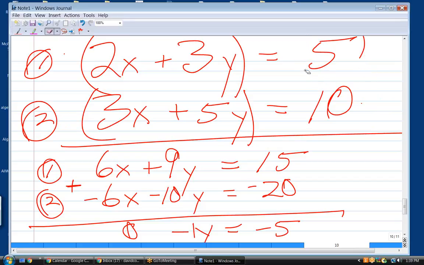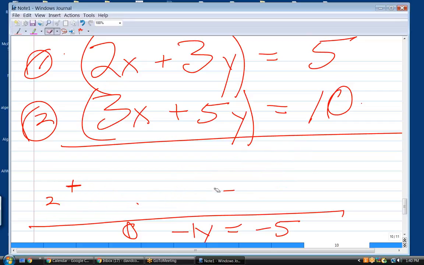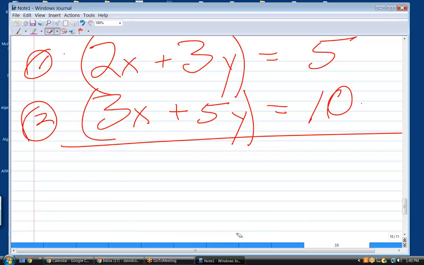You always want to go to the easiest equation to solve for x. These two equations down here are bigger numbers all the way around. Always go to the equations with the smallest numbers. I'm going to erase these two, which were merely multiples of that, and say, okay, y is equal to 5.